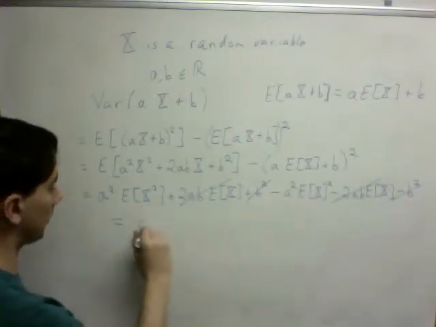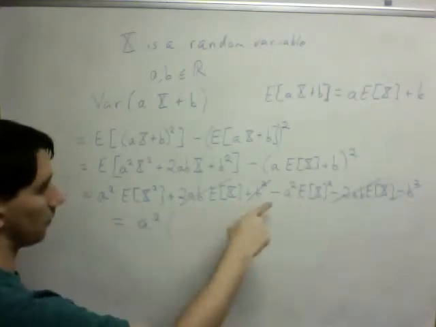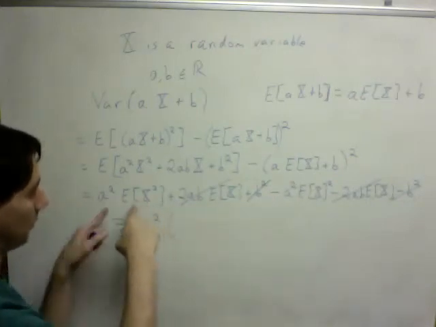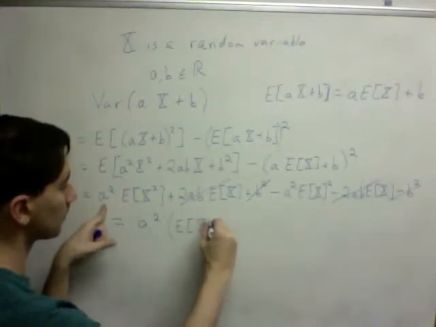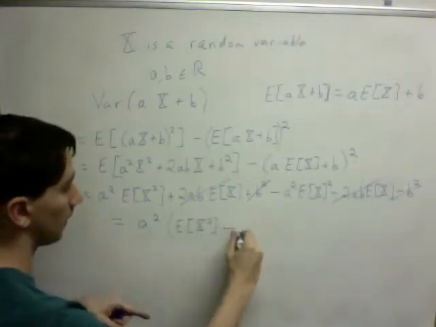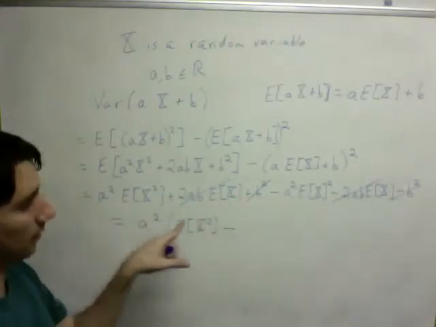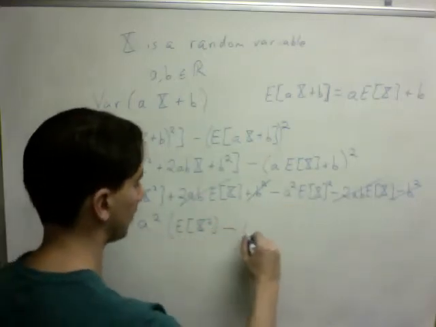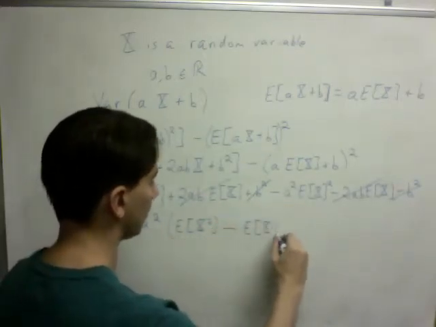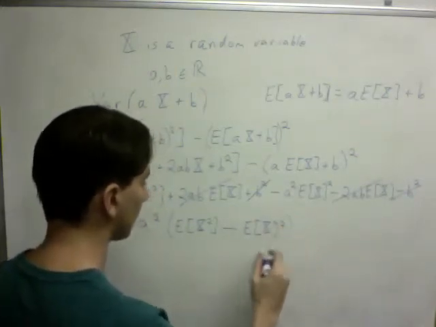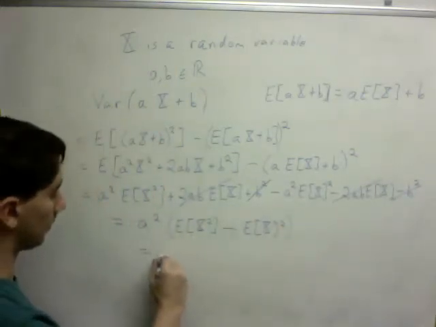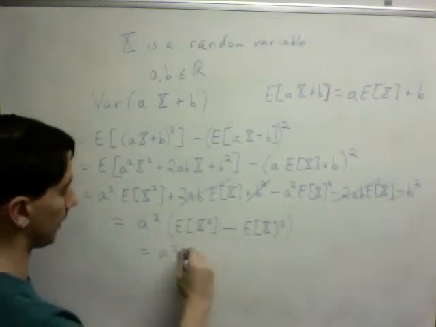So I can pull out an a squared from both of these. And then what do I have left? If I pulled out the a squared, here all I have left is E of X squared. And then I'll have minus, and if I've pulled out that a squared into the front, here all I have left is E of X with a square on the outside. And so what is this equal to? Well, this right here is the variance of X.